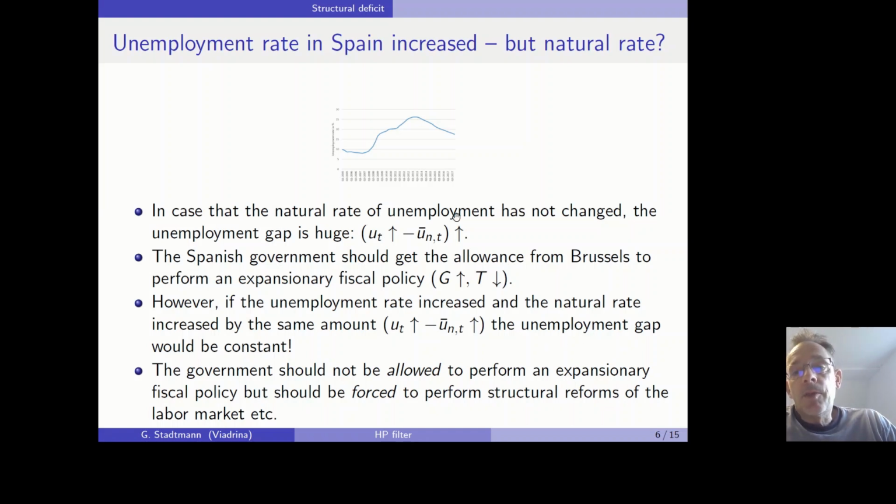So, whether the unemployment gap is huge or whether the unemployment gap has not changed is a very important question.